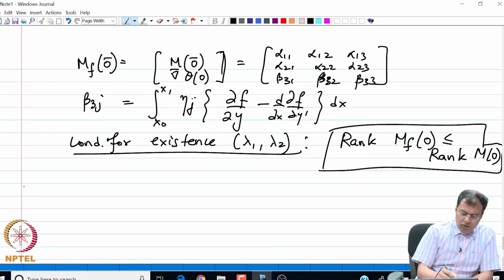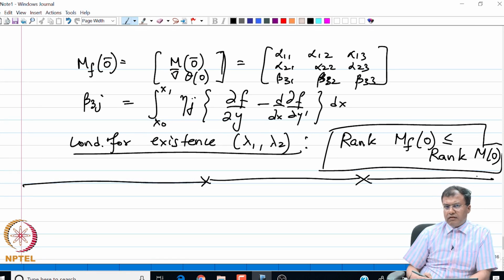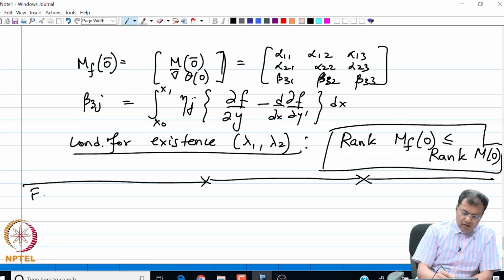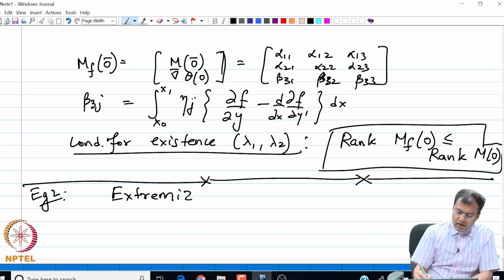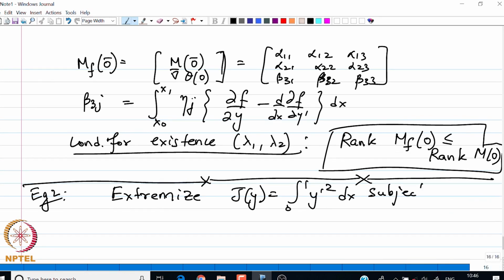Okay. So, we are going to end the discussion on this topic by looking at a few examples. The example that I have in mind in this case is, we need to extremize again J of y, which is the integral from 0 to 1 of y prime square dx, subject to the constraints.